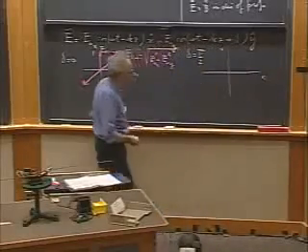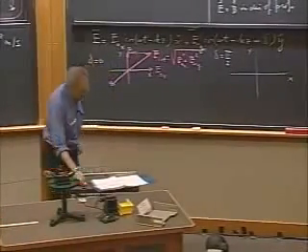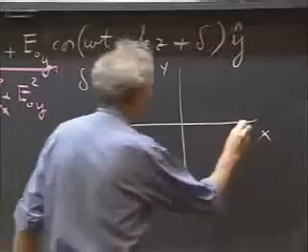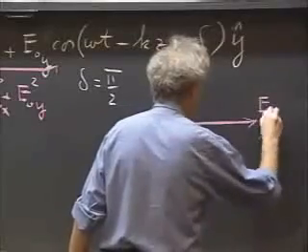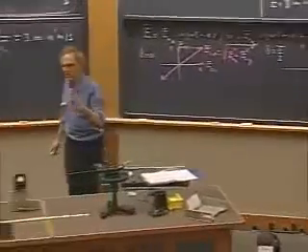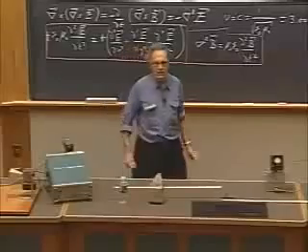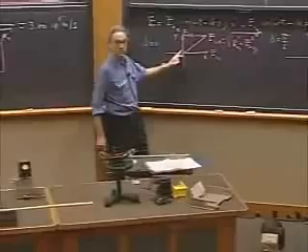X cross y is in your direction. And now I pick a moment in time that E0x is a maximum here. So this is the vector, E0x. But now E0y, the E vector in the y direction, is now 0, because they're 90 degrees out of phase. And so if this one reaches a maximum, this one is 0.